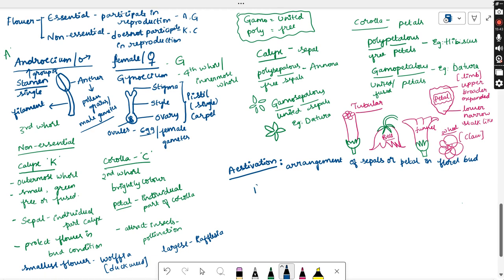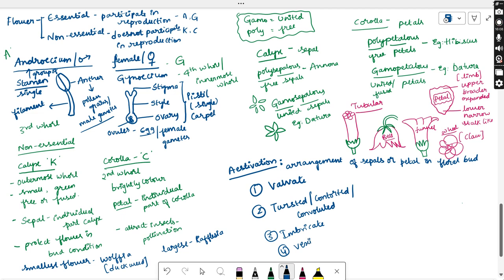So there are the different types of estivation. First one is valvate estivation. Second is twisted or contorted or convoluted type of estivation. Third one is imbricate estivation. Fourth is the vexillary estivation. Vexillary is a special estivation, can be seen in a Papilionaceae family.